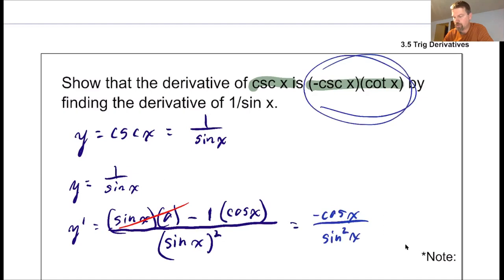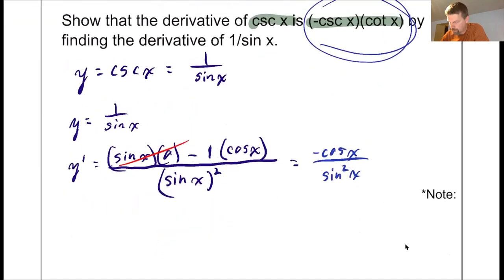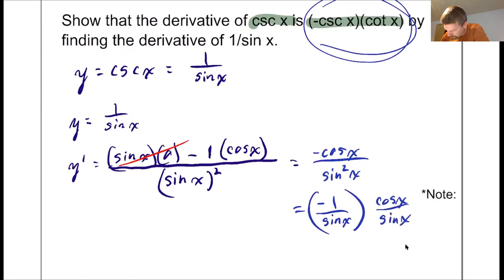However, I wanted to show it was equal to this, so I got to go a little bit further. Maybe you're seeing that there. I can split this up as a negative 1 over sine of x times cosine of x over sine of x. Taking that sine squared, sine times sine is sine squared. And taking that negative cosine and putting the negative 1 here and the cosine there, so I just split it up.